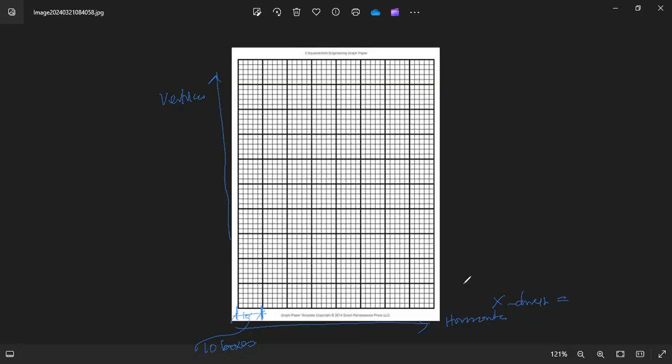Now count on the vertical. On this one the horizontal is 10 big boxes. Then on the vertical, count and let's see how many boxes you find there.